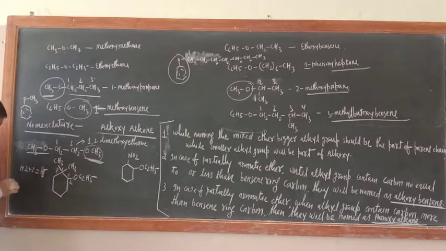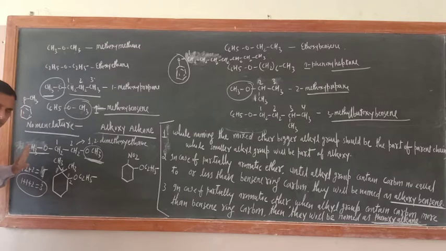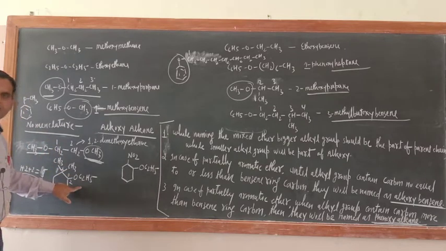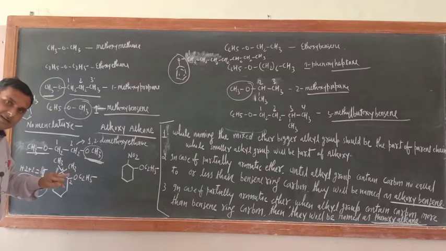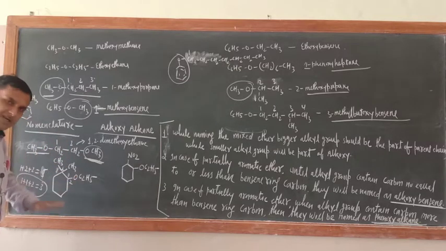But if you start numbering from this one, 1 plus 1 plus 2, then 3 is coming. So numbering should start from here, where two alkyl groups are connected. And now it is not a violation because they are also coming as a prefix. You can start numbering from either side, provided you do not violate the lowest sum rule.